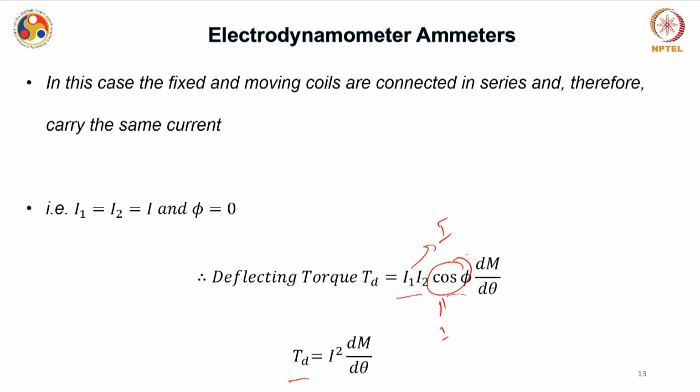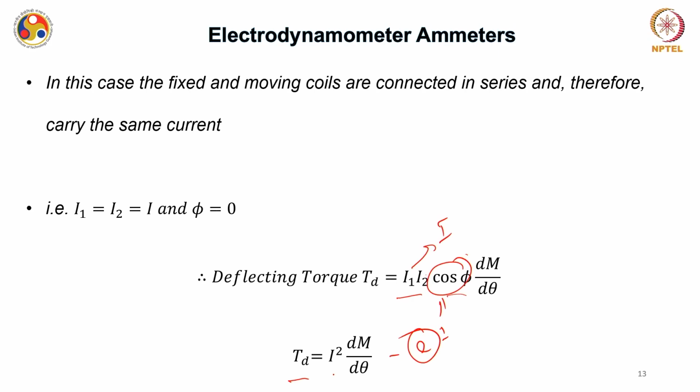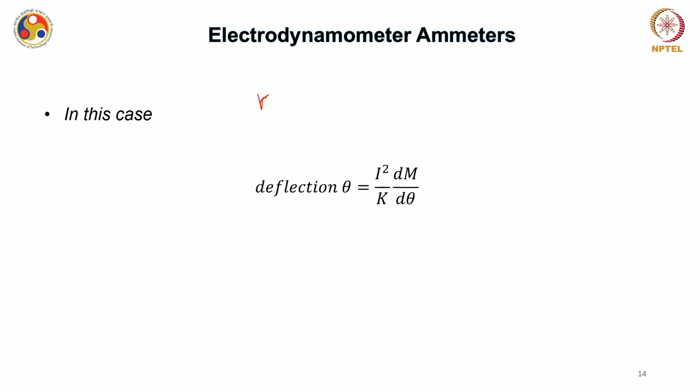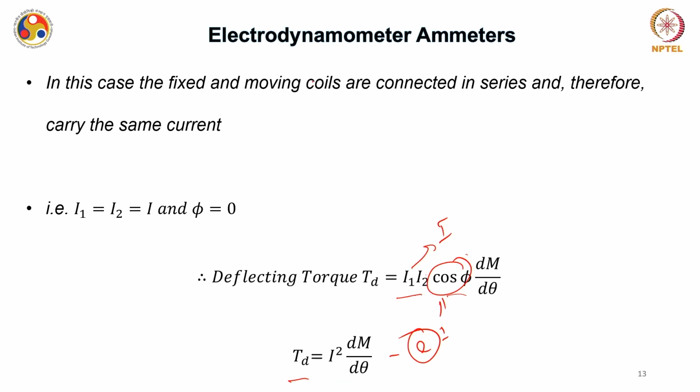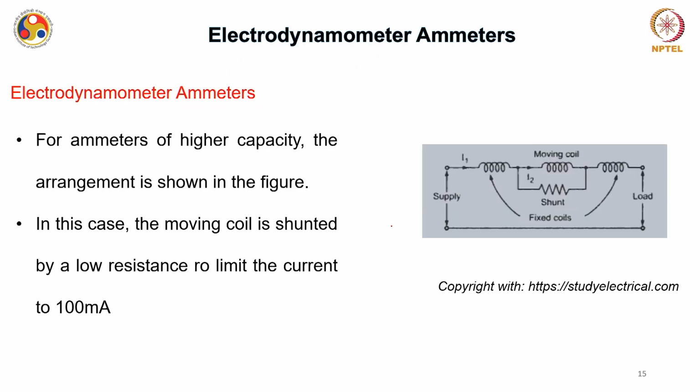I am calling this equation E. When you equate it with Tc, you have k theta equal to I square dM by d theta. At steady state condition, Tc is equal to Td, and therefore the deflection theta is equal to I square by k into dM by d theta.